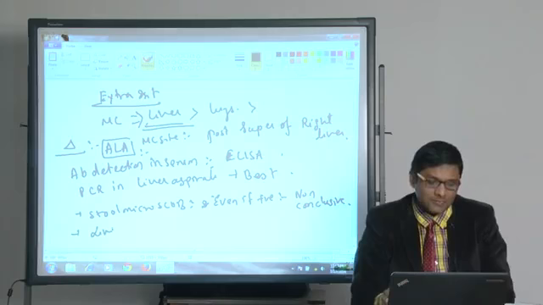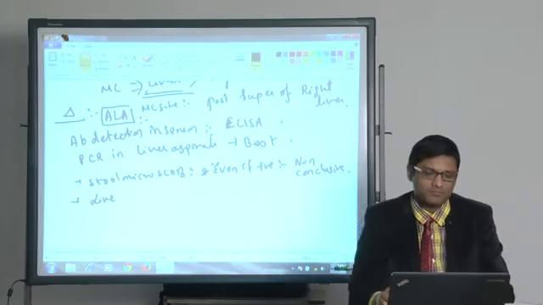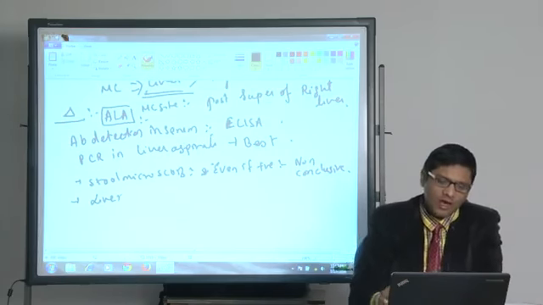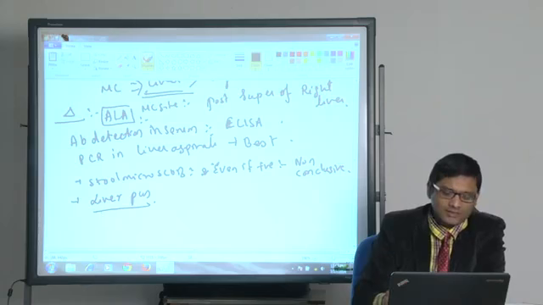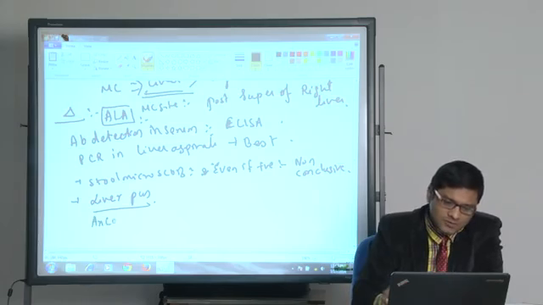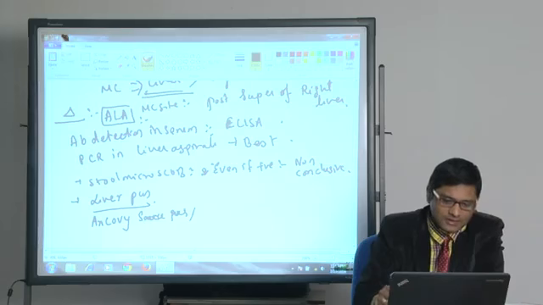What about liver aspirate microscopy? Can you tell me what the characteristic liver pus is called? Anchovy sauce pus, or chocolate syrup.